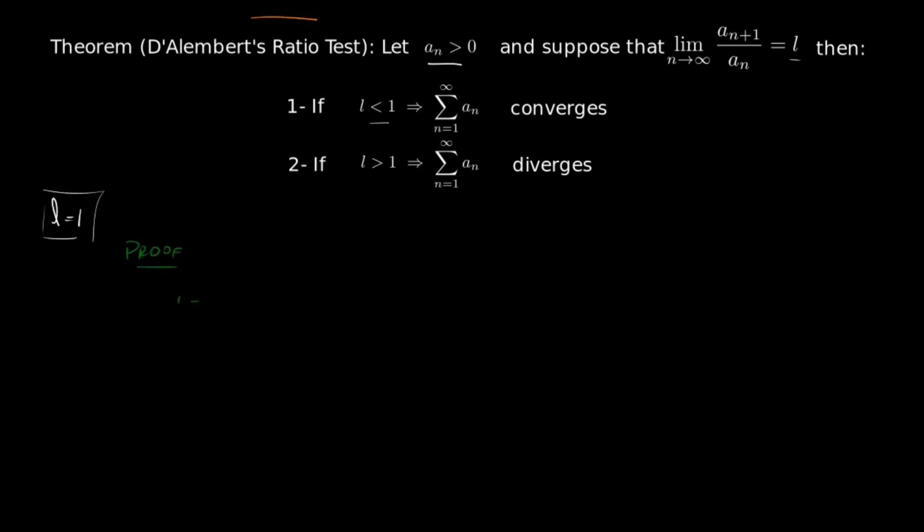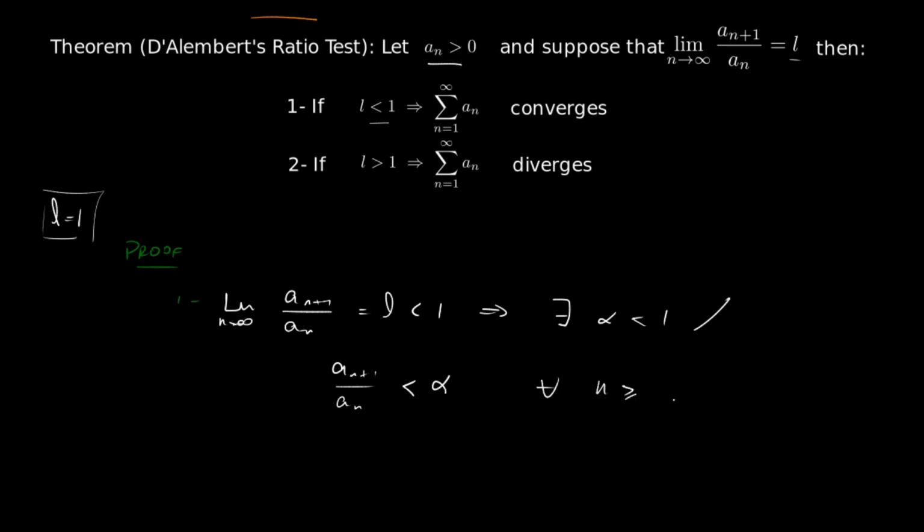and start with number 1. We have that the limit when n tends to infinity of a sub n plus 1 divided by a sub n is equal to a number L smaller than 1. So what this is telling us is that there exists a number alpha smaller than 1 such that a sub n plus 1 divided by a sub n is smaller than alpha for every n that's greater or equal to some number k.